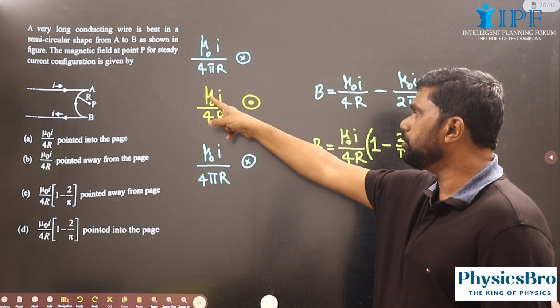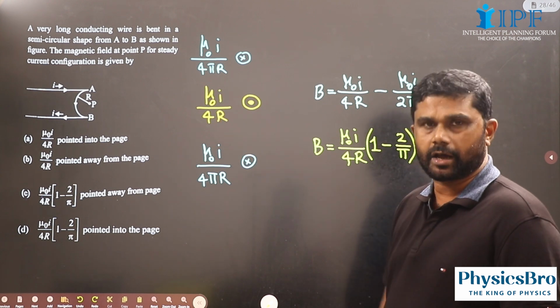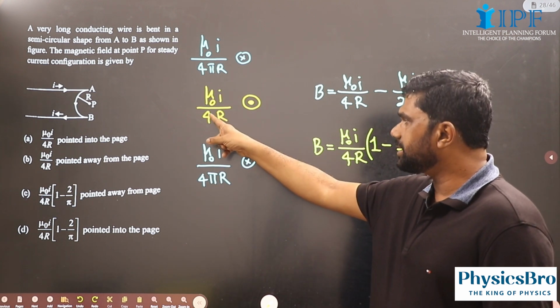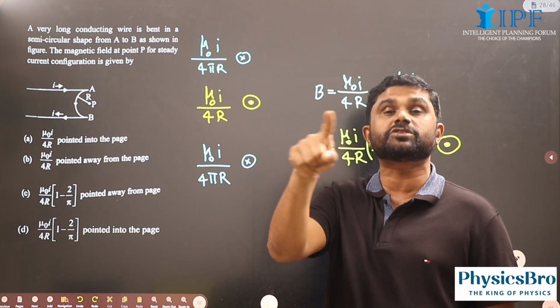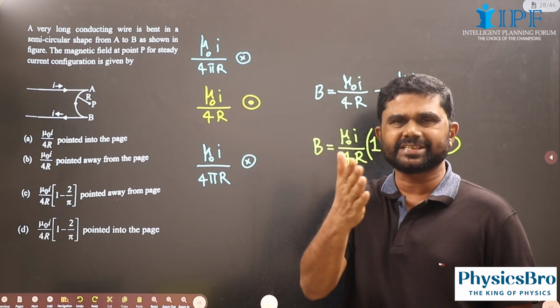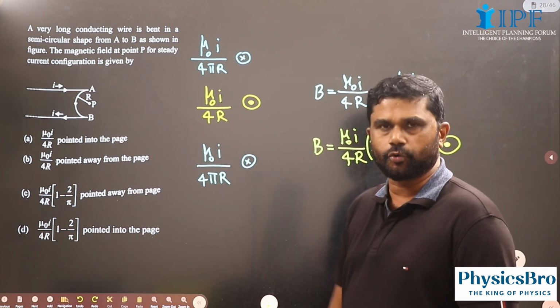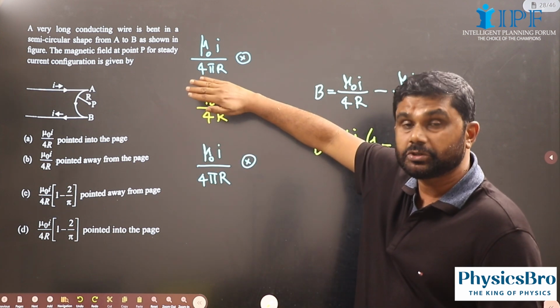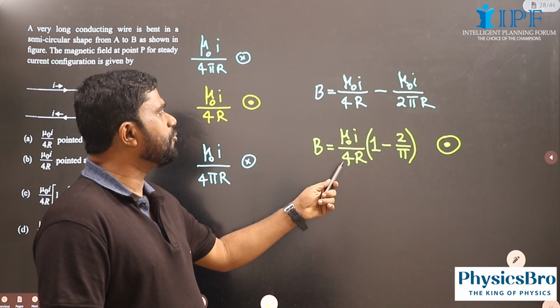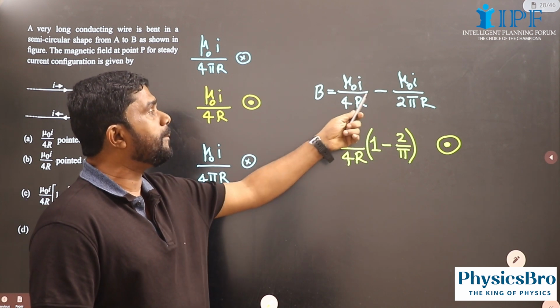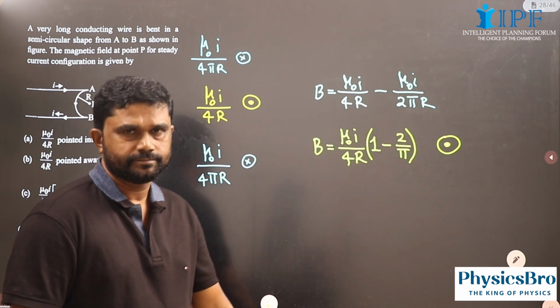And here we have mu 0 I divided by 4r. Okay, so in the denominator here we have 4 and here we will have 2 pi. 2 pi means 2 into 3.14, means 6.28. Here we have only 4. So this is stronger. So the resultant field intensity will be mu 0 I by 4r minus mu 0 I by 2 pi r.